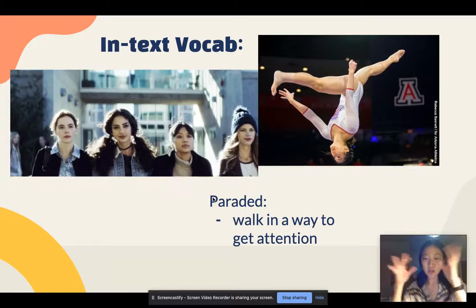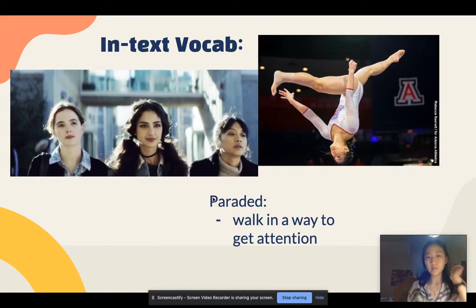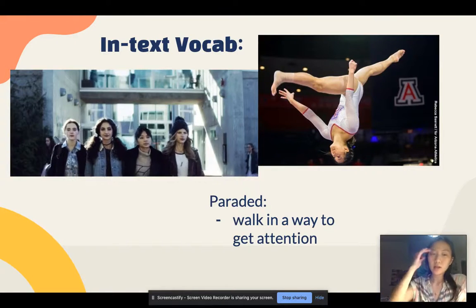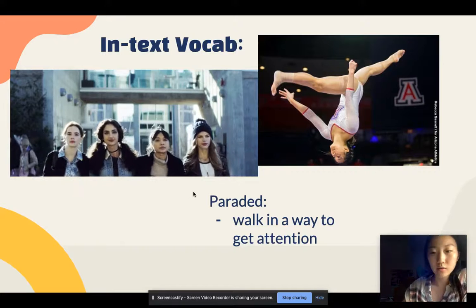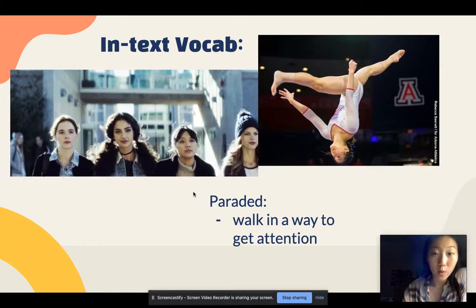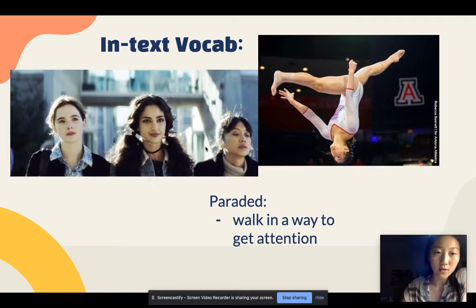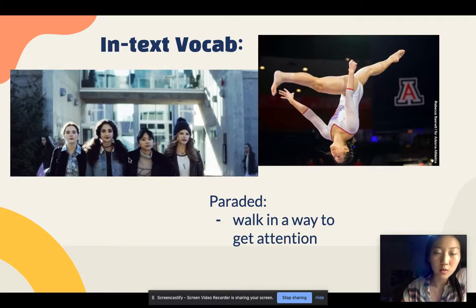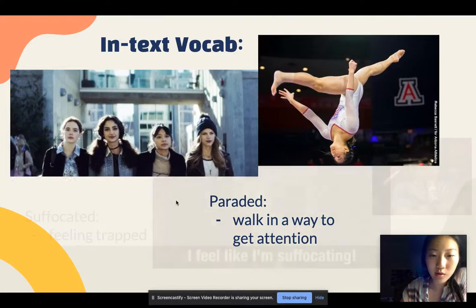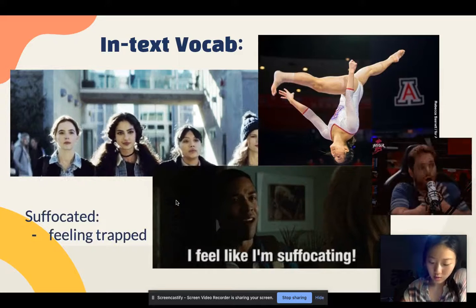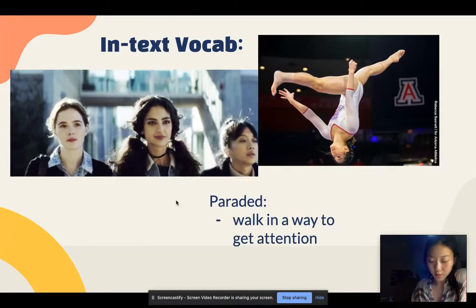A parade is big and showy, in the middle of the street. And so with that, you can kind of deduce what the word actually means. So these girls are parading through. Okay, the next word, and an example.